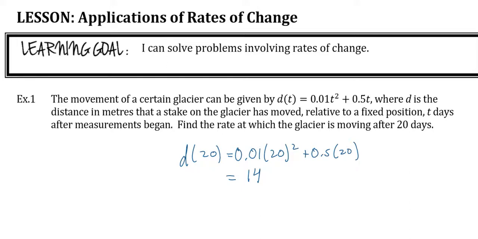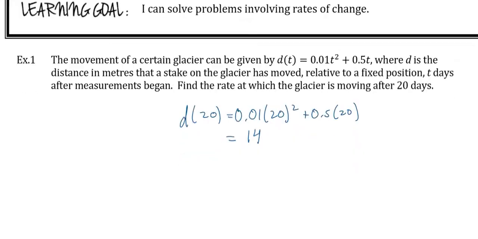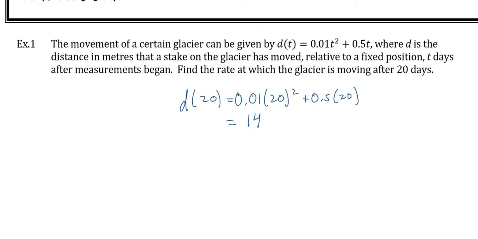But you could pick any two points, 10 to 20, 5 to 10, and compare how the average rate of change differs on different intervals along the way. But we're supposed to find the rate at which the glacier is moving after 20 days. So that's an instantaneous rate of change. To do that, we're going to use the instantaneous rate of change formula.